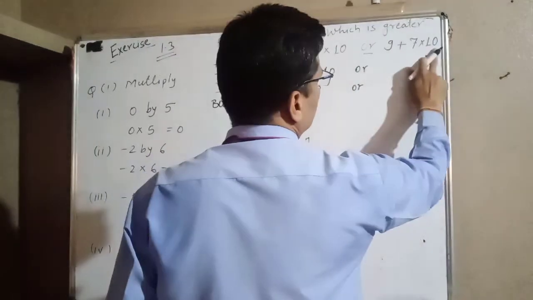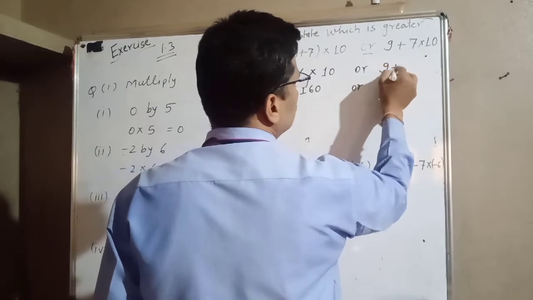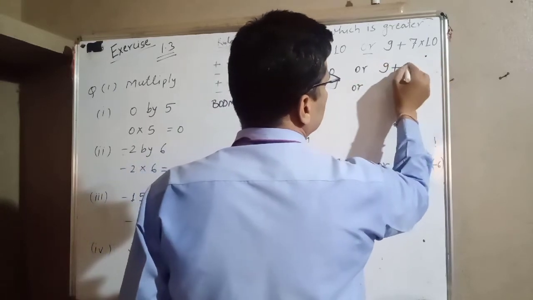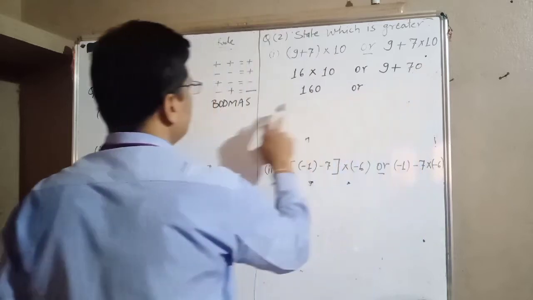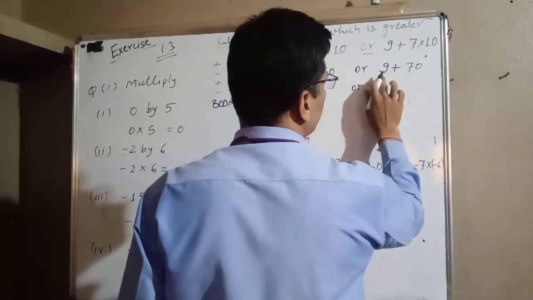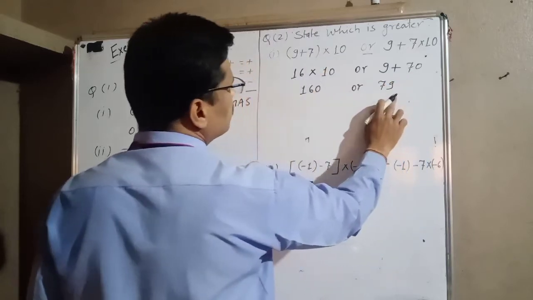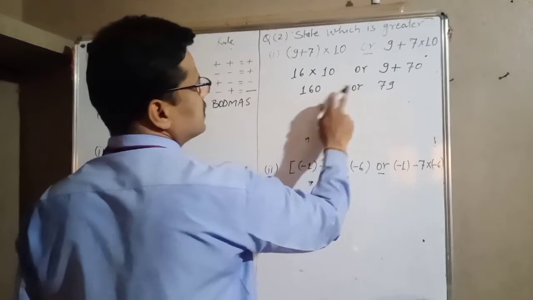First, we have to solve the multiplication. This 9 will come as it is. 9 plus 7 into 10, 70. After multiplication, addition. So we will add these two numbers. What is 9 plus 70? So we get here 79. So easily you can compare which is greater, 160 or 79.